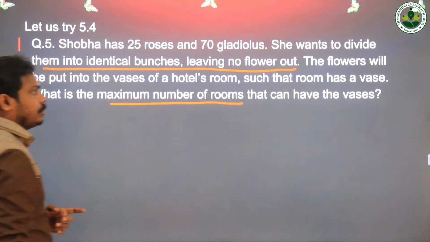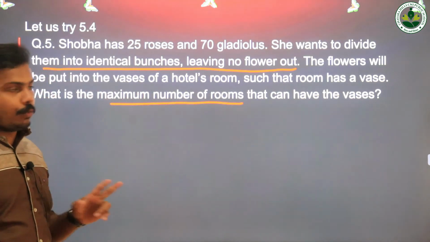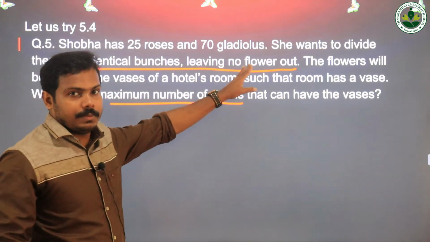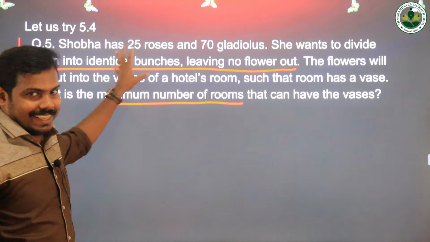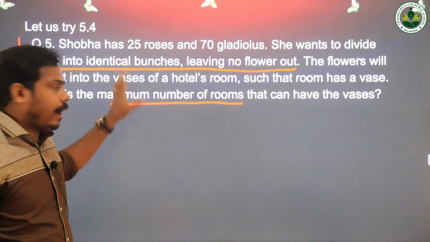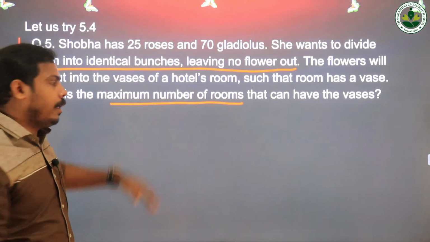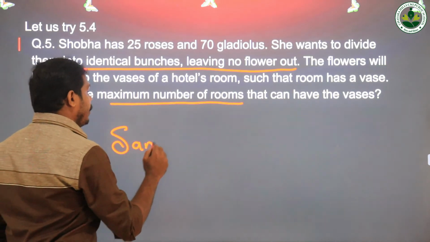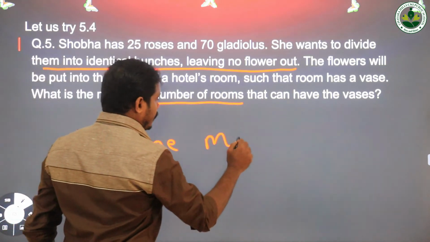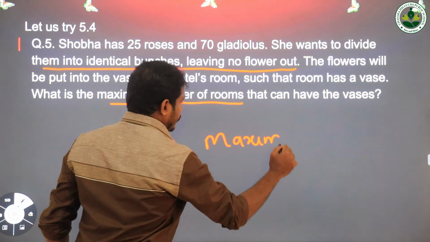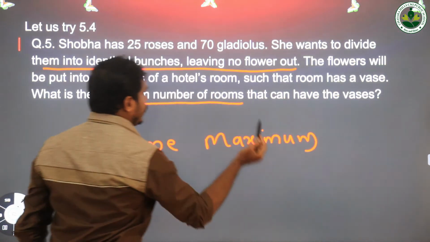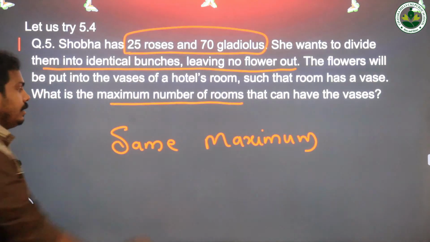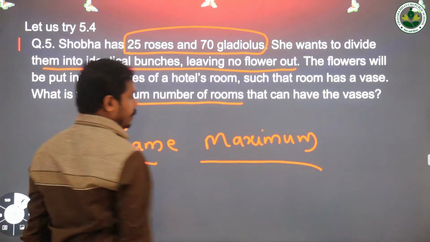Maximum number of rooms. Here you can see two words: identical, without any remainder, that means equal or same, and maximum. We need to divide the given two numbers, same and maximum.